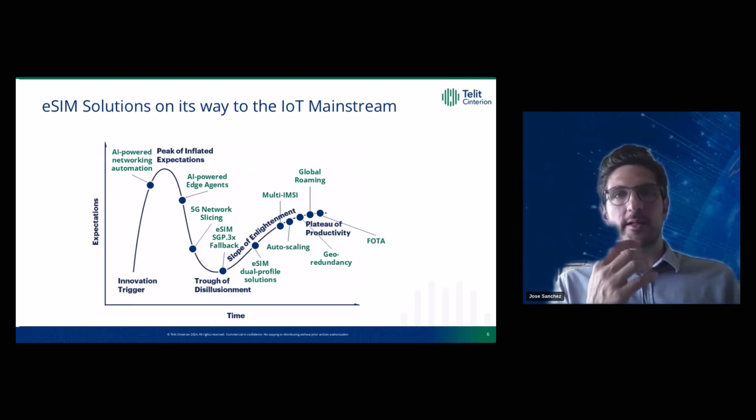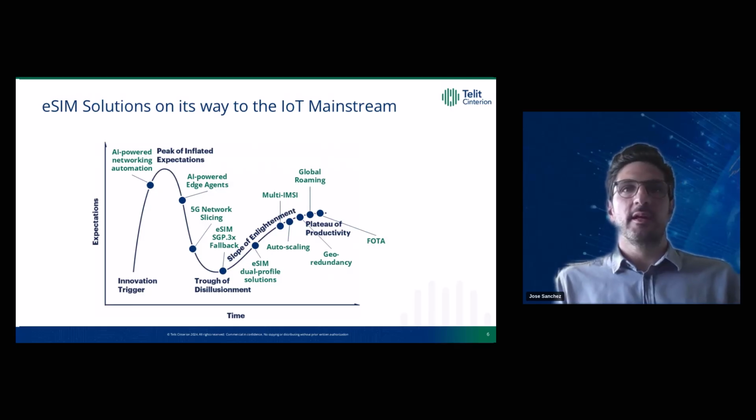But now it's finding its way into the mainstream with the creation of new IoT eSIM specifications, and this means that applications will find it easier to utilize eSIM technology for different purposes.